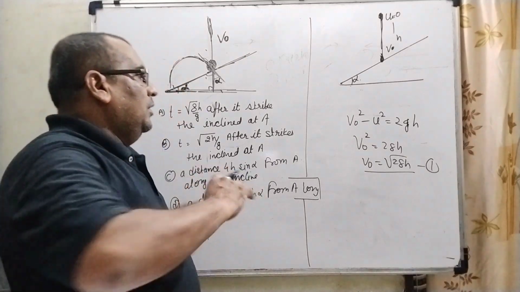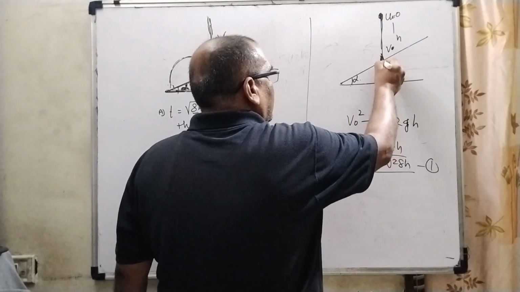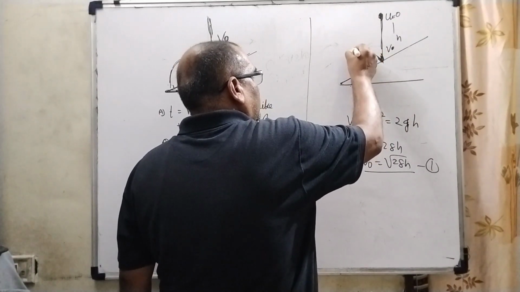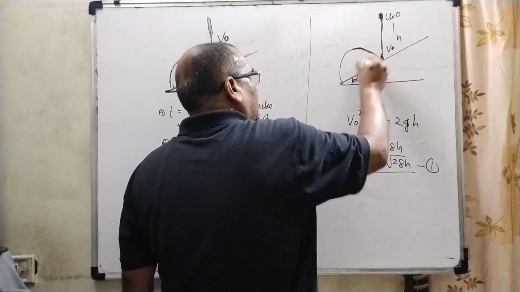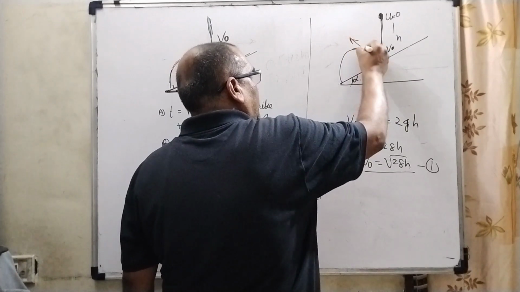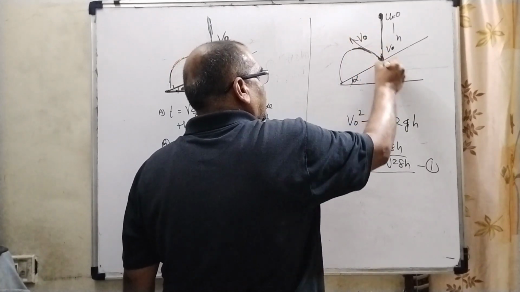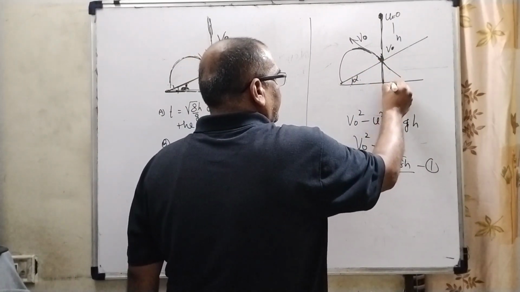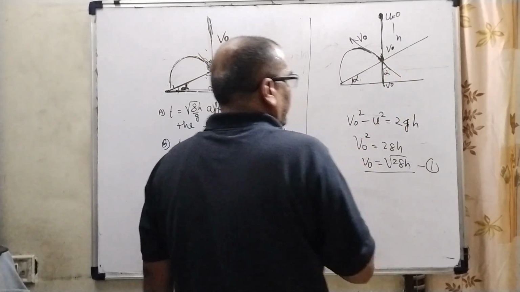Clear? Now after striking, it again goes upward. Here let us consider the speed is v naught. Then we have to divide this velocity into components.